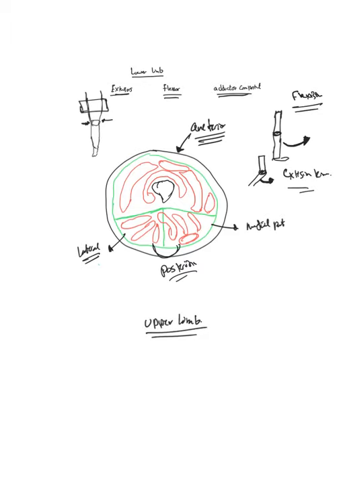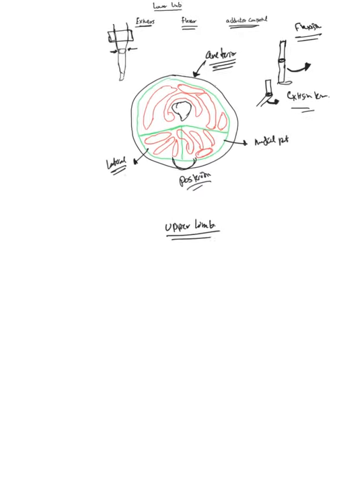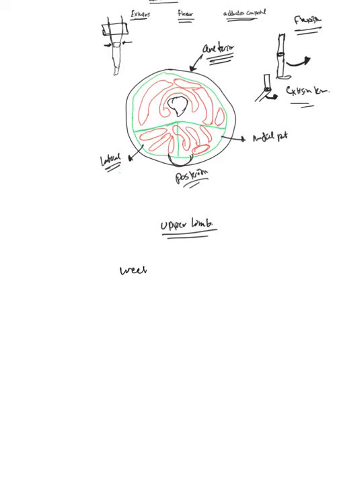The reason for this is that while developing as an embryo, from week 1 to week 8 prenatally, the upper limb rotates laterally 90 degrees. Let's imagine this is our upper limb, this is the elbow, and this is the shoulder.